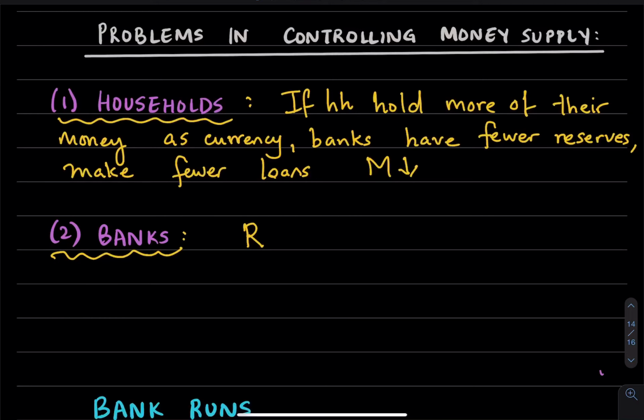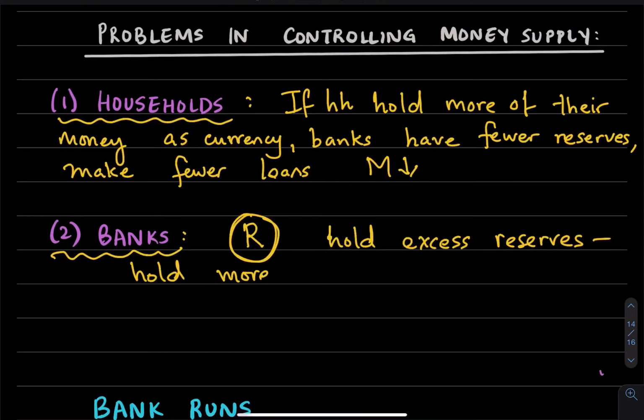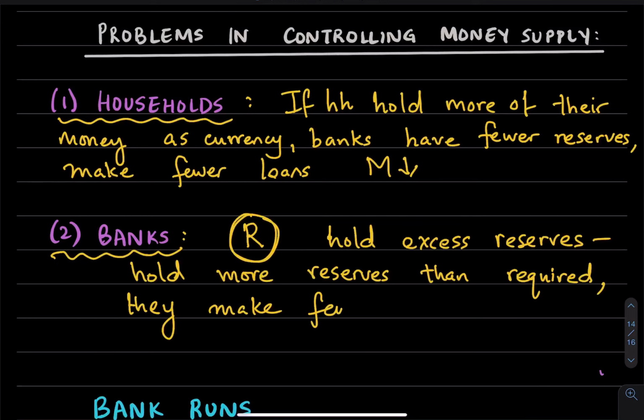Banks can, so beyond the requirement, they can hold excess reserves, which is to say that they can hold more reserves than required. And if they do that, then they make fewer loans. And money supply would fall again.